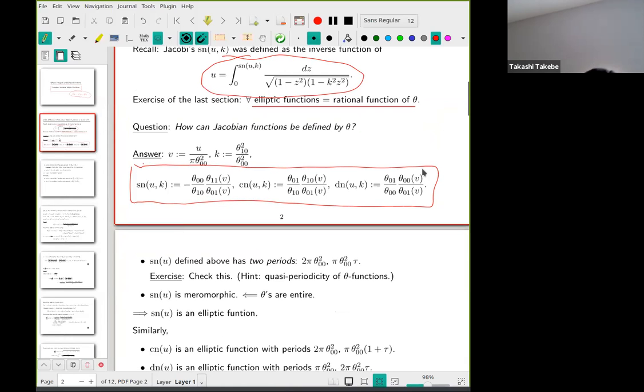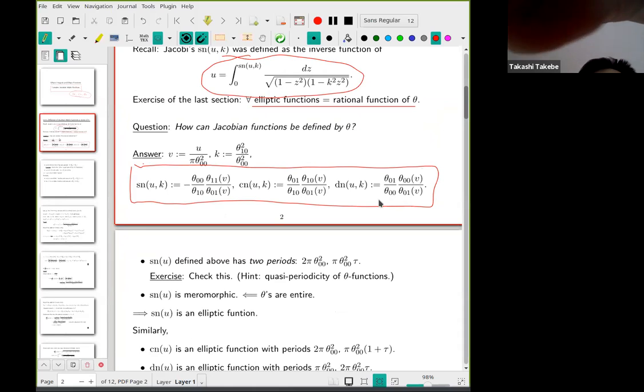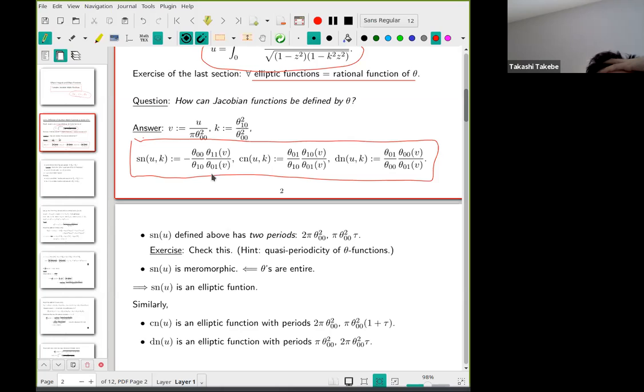Well, first, let's see that they really define elliptic functions, which means that they are doubly periodic meromorphic functions. For example, let's say this one.